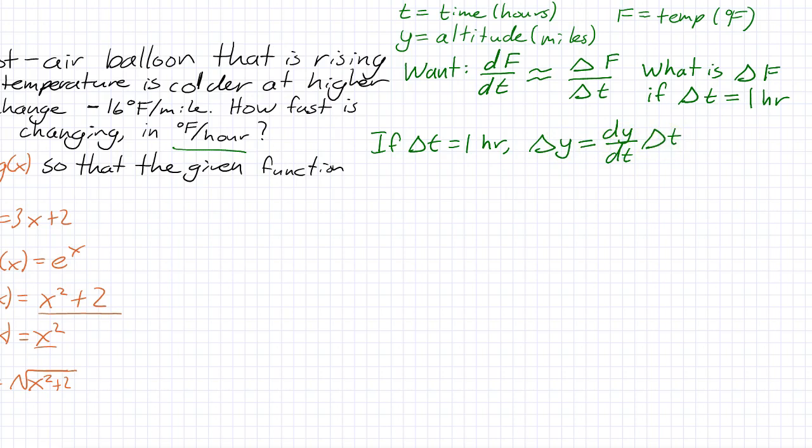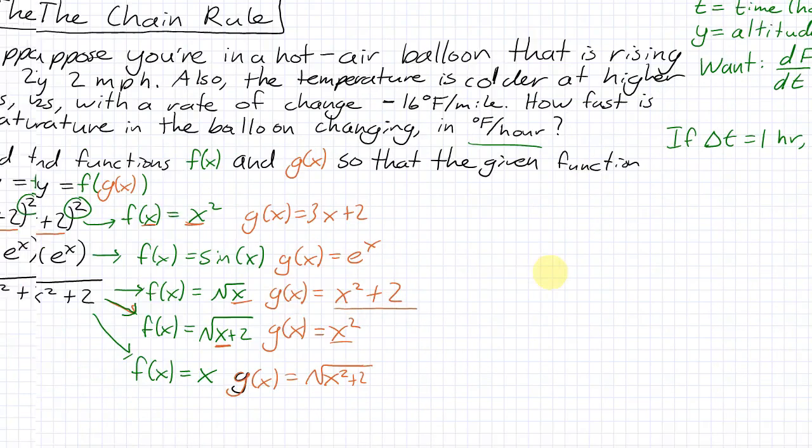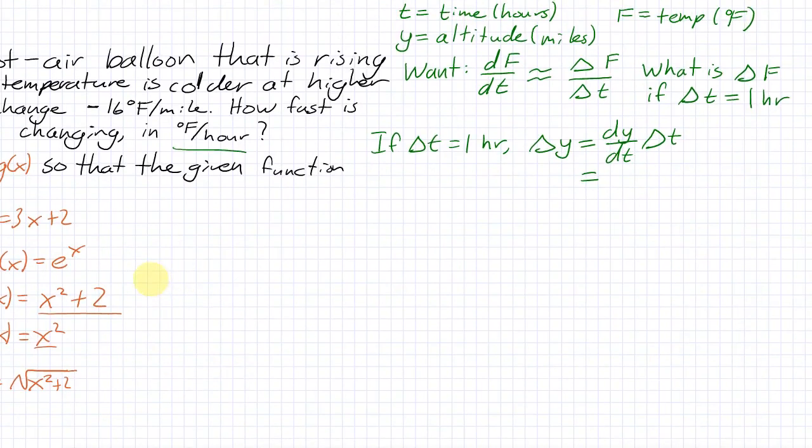So this is just like delta y equals m times delta x, like before. And in this case, the dy over dt is, let's write this over here. That's the rate of change of altitude with respect to time, that is 2 miles per hour. And we want to think about units here because it will make a little bit more sense if we think about it that way.